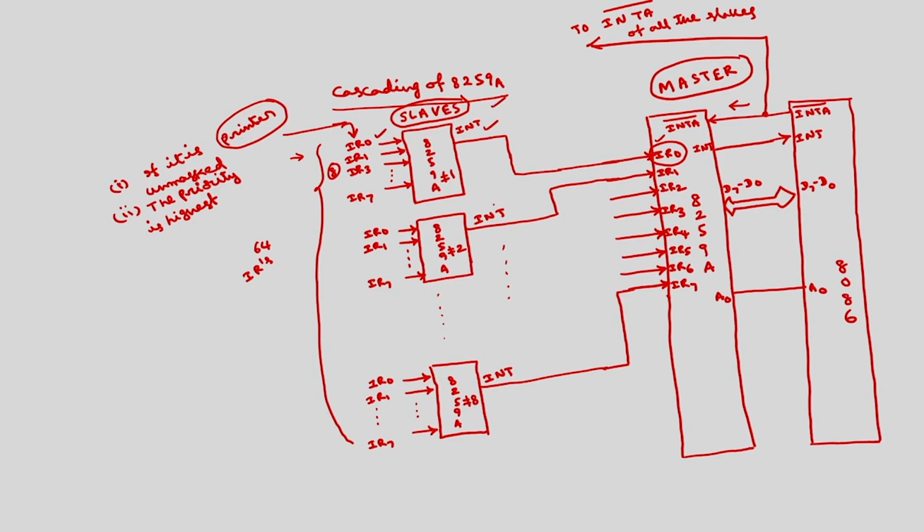Each slave will be assigned some ID. I will discuss what is the ID of this slave in initialization command word 3. Each slave will have some ID, and that ID will be informed through CAS lines. There are 3 lines called CAS 0, CAS 1, CAS 2.